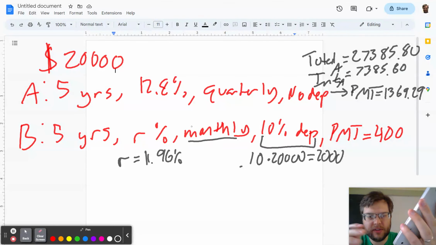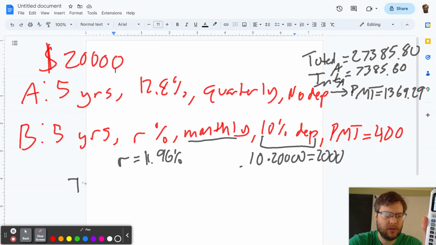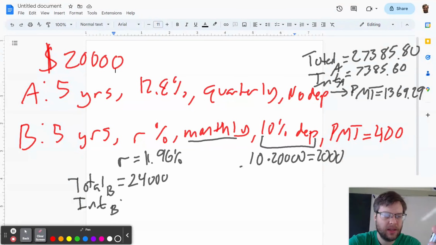We can also figure out that if he's doing $400 payments times 60 payments, that he's making a total number of payments for option B of $24,000, with the interest for option B being $4,000.